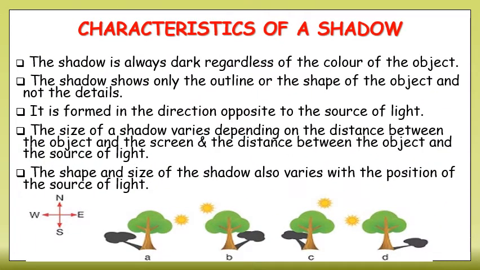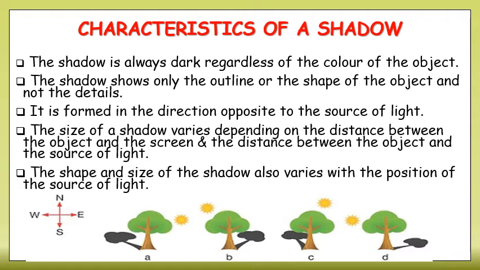Now let us look at the different characteristics of a shadow. Students, the shadow is always dark regardless of the color of the object. No matter what the color of the object, the color of the shadow cast by it is always dark.